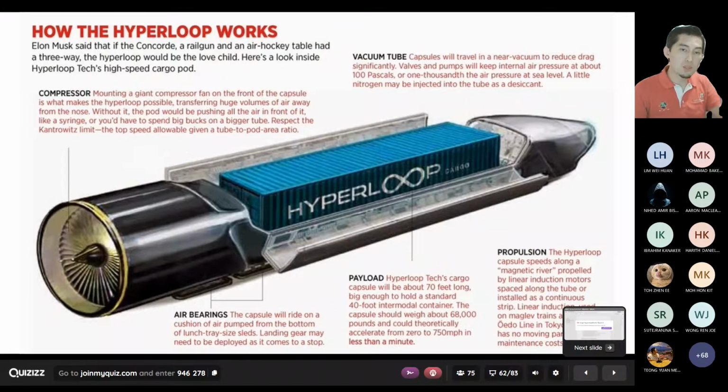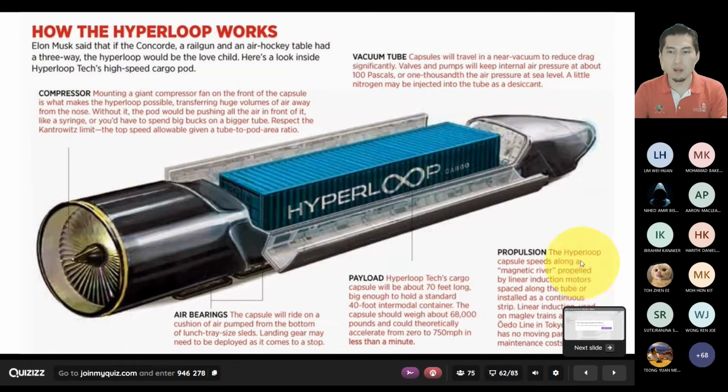All right, so an example of Hyperloop is shown to you on the slide now, right? So what does it basically use? I think by looking at it, you understand that there's a combination of several technologies. It uses a vacuum tube. Because what it is traveling in is almost considered a vacuum, there is almost zero resistance to the vehicle itself. It utilizes a compressor. Of course, there's air bearings as well.